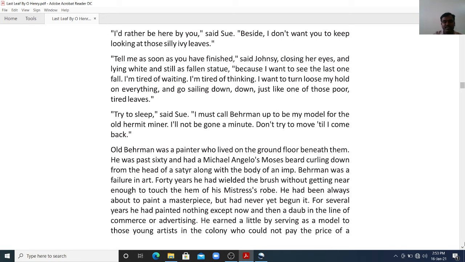From the head of a satyr along with the body of an imp. So here it says head of a satyr along with the body of an imp. Here satyr means a male nature spirit with ears and tail. Having ears and tail, like a horse.